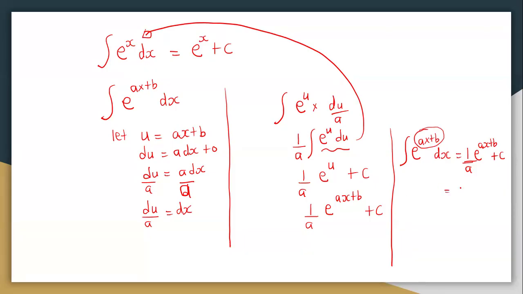In other words, I always have 1 out of the differentiated part of my power, then I write back my original function of x, then I say plus a constant.